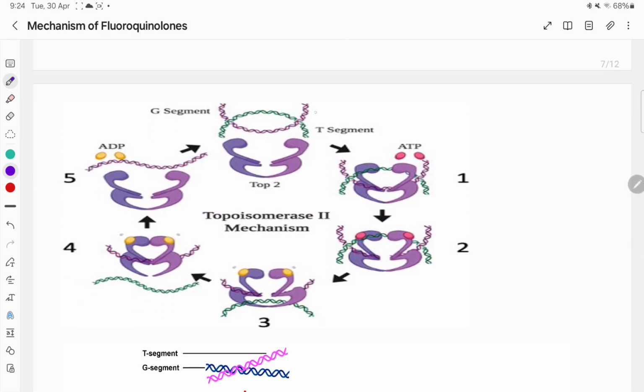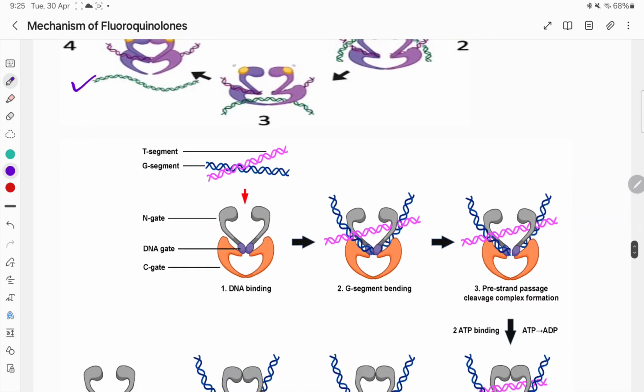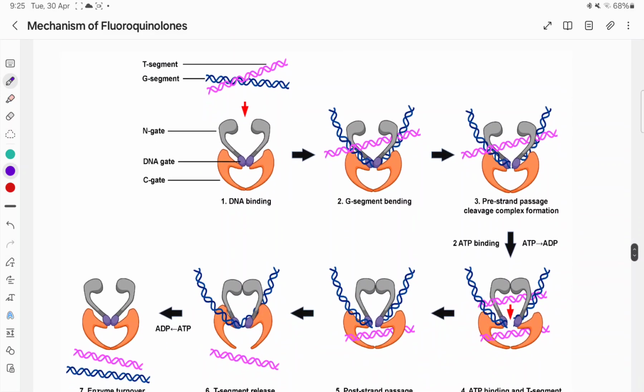Suppose this is the supercoiled DNA, the G segment and T segment, and this is the ATP dependent DNA gyrase or topoisomerase 2. This supercoiling will be separated and we will have the two separated coils. This is another figure where the supercoiled DNA is separated into two different DNAs.